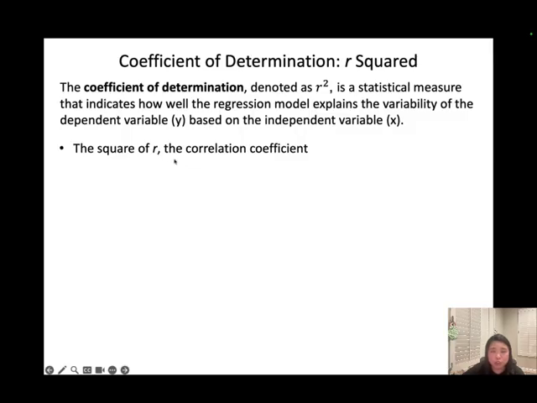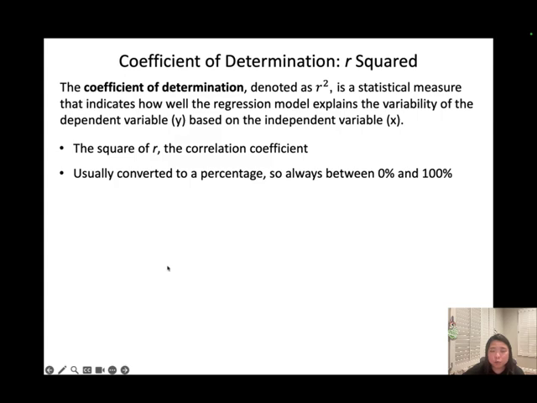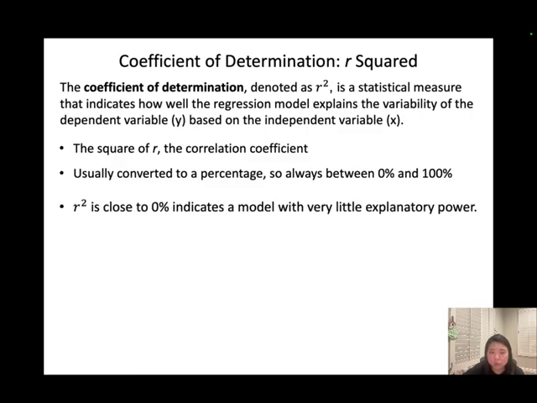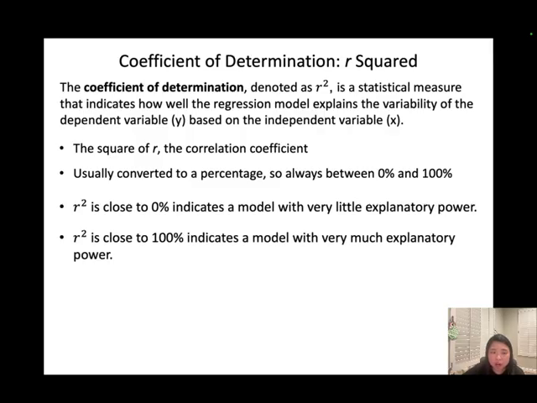That will be the coefficient of determination, and usually we convert it to a percentage, always between 0% and 100%. When R squared is close to 0%, it indicates a model with very little explanatory power. But when R squared is close to 100%, it indicates a model with very much explanatory power.